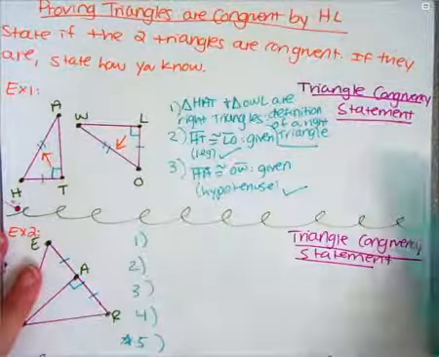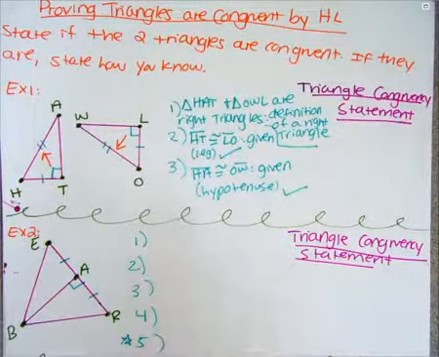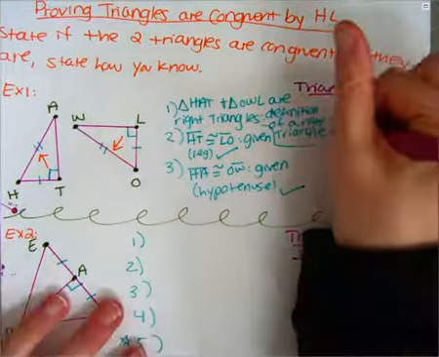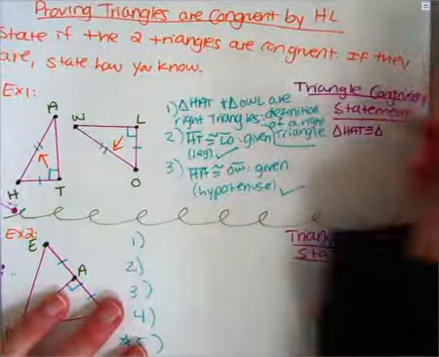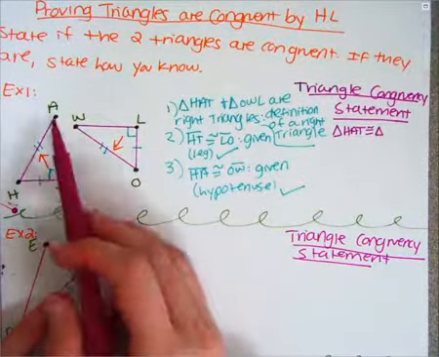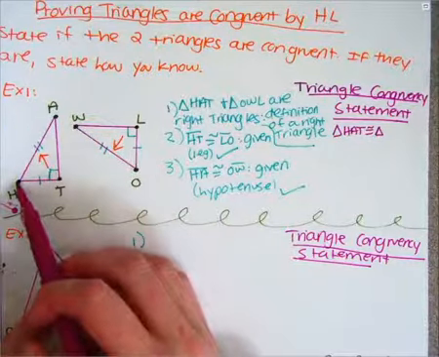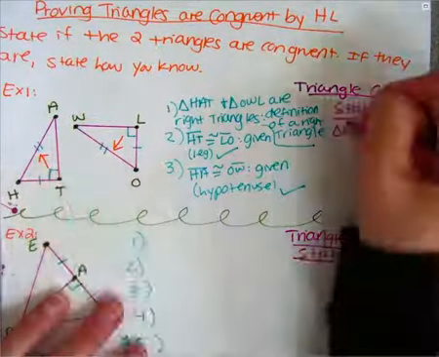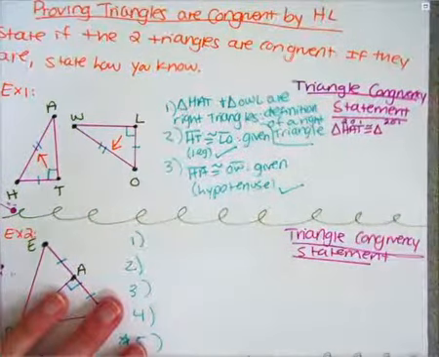Okay, so now I need to write my triangle congruency statement, which you guys are pros at. Okay, my first triangle, I'm going to say triangle HAT is congruent to triangle. So if I go HAT, I go from 2 tick marks to 0 tick marks to 1 tick mark. So 2 to 0 to 1. So I want to go 2, 0, 1 in my other triangle.